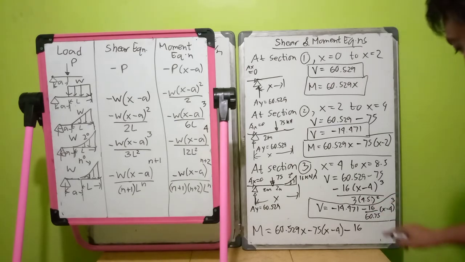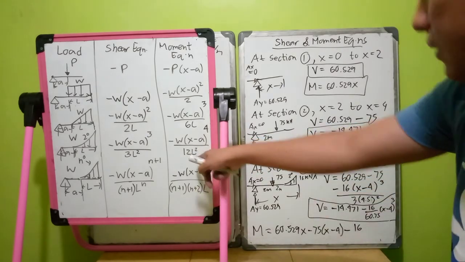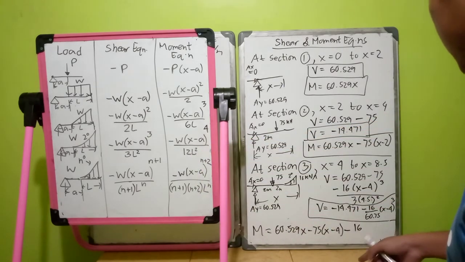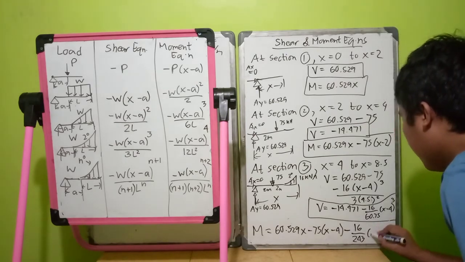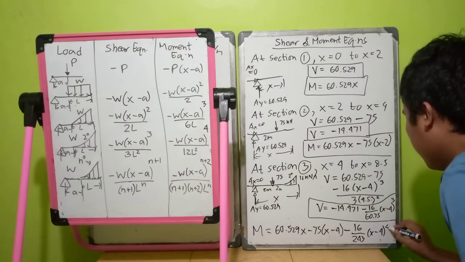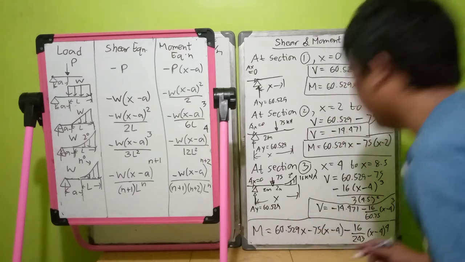Okay, so I just put it directly here, so 243. Okay, this is 216 over 243 times X minus 4 to the power of 4. So this is your M.